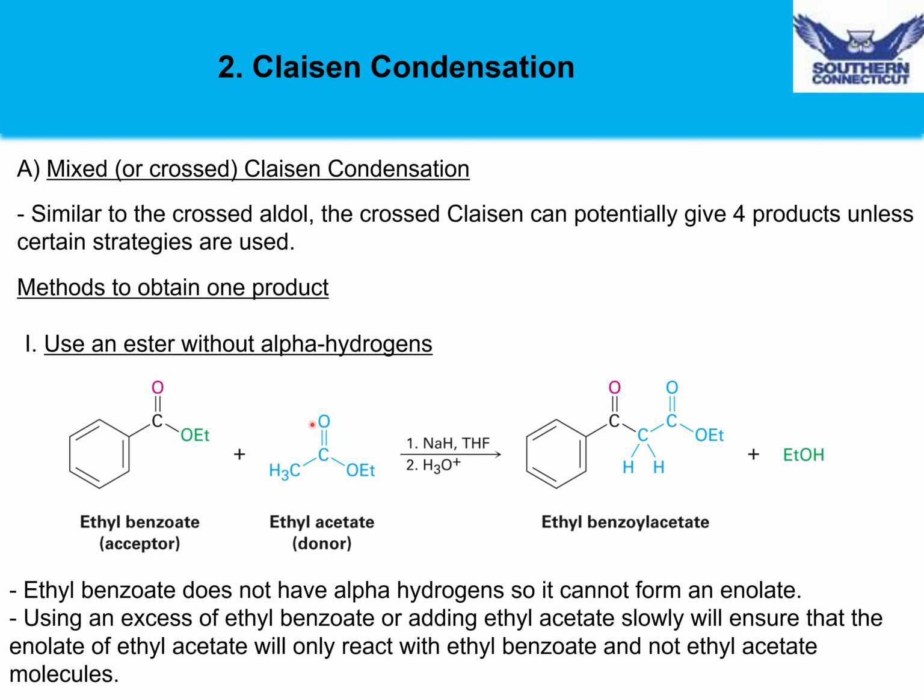So in other words, by either adding an excess of ethyl benzoate or adding ethyl acetate slowly, we will ensure that the enolate of ethyl acetate will only react with ethyl benzoate rather than with another molecule of ethyl acetate that hasn't formed an enolate yet.